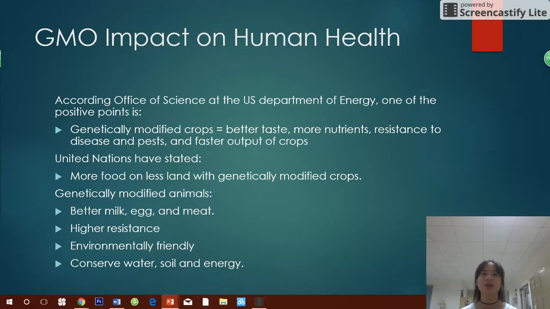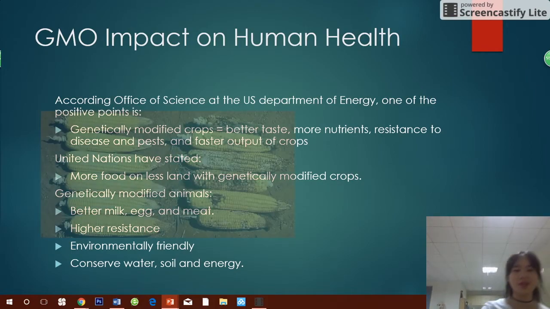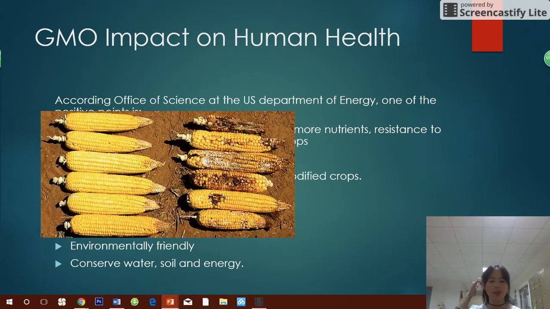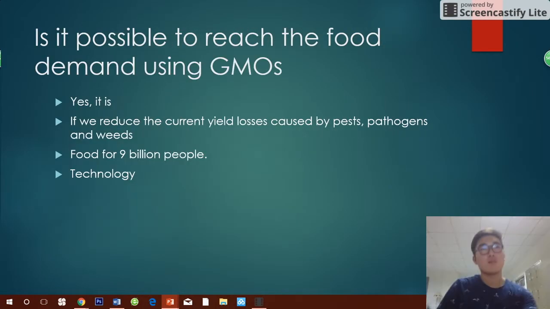With better natural waste management, in theory, genetically modified crops and animals will also be more environmentally friendly because they conserve water, soil, and energy. And this is a picture of GMO corn and non-GMO corn. GMO corn can protect itself from insects and herbicides.